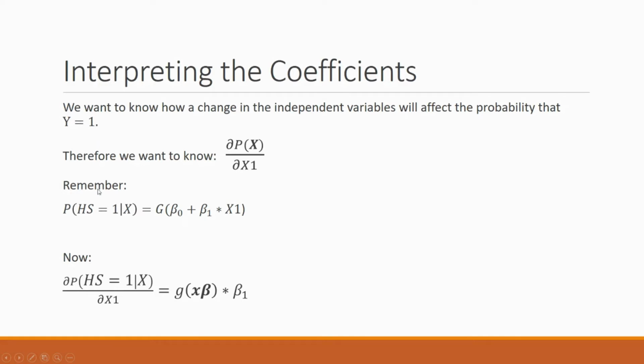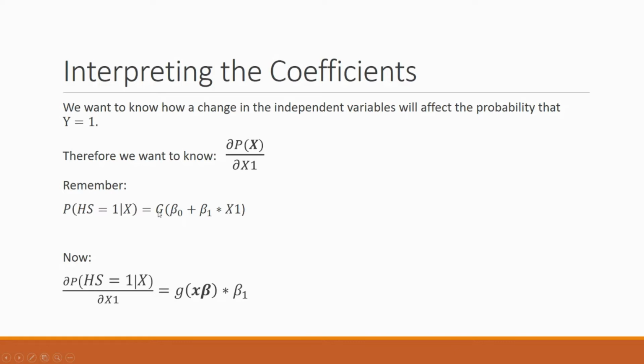Well, when we use the Probit and the Logit models, what we're assuming is that the probability that the dependent variable will equal 1 is now equal to some nonlinear function of our linear regression model.